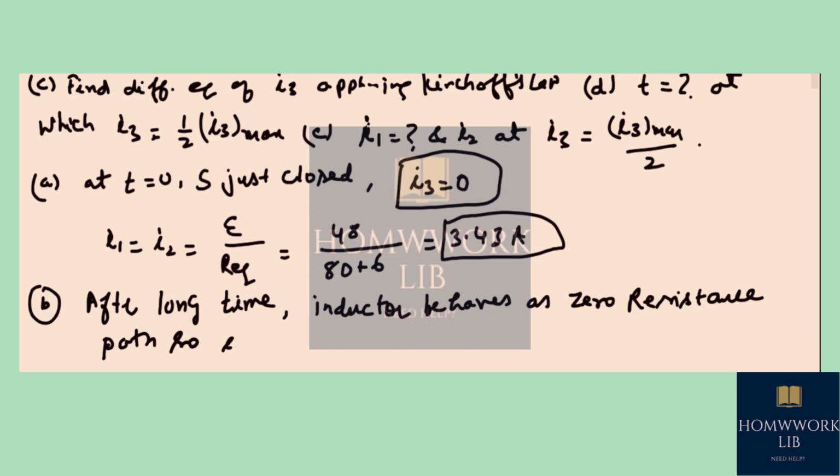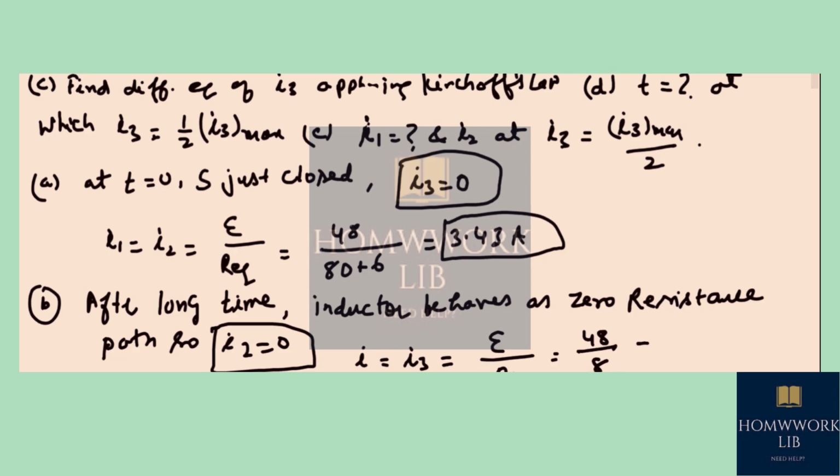So I2 will be 0 and I1 is equal to I3, which is equal to EMF upon R1, that is 48 upon 8, that is 6 ampere.